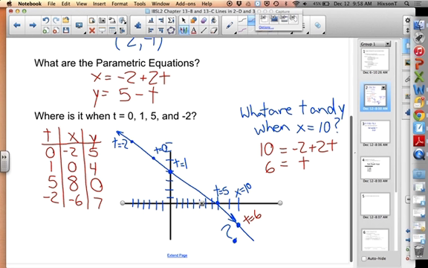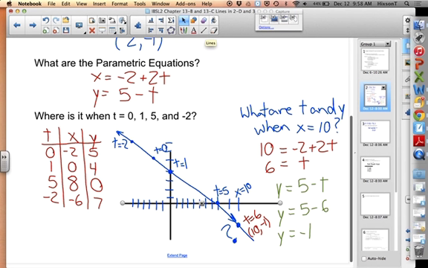Using our other parametric equation, y equals 5 minus t, 5 minus 6 gives us a y equal to -1. And we can see that does make sense, at least from our drawing. So this right here is our point 10, -1 at time 6.